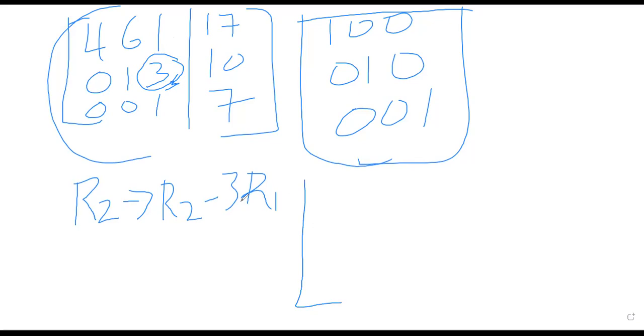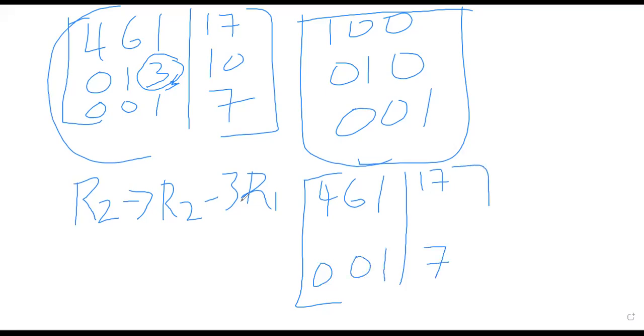So let me continue. I'm only dealing with row 2, so I'll write the rest of the rows down: 4, 6, 1, 17, and then 0, 0, 1, and then 7. You see that? So now let's solve this.